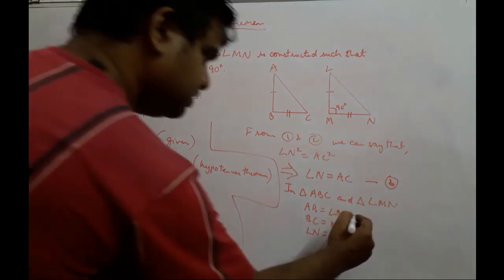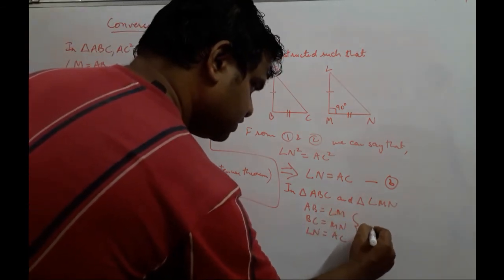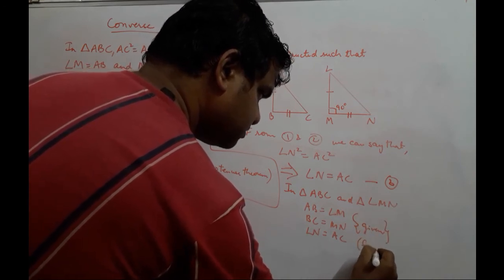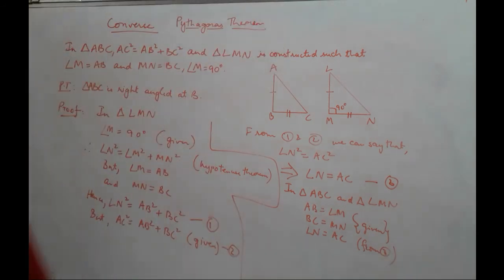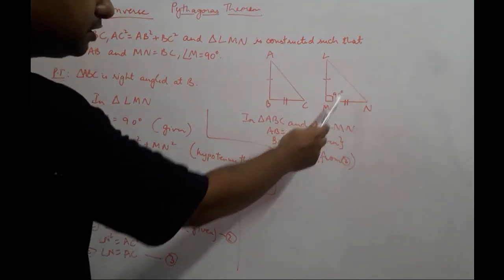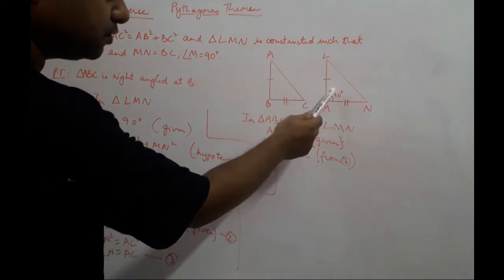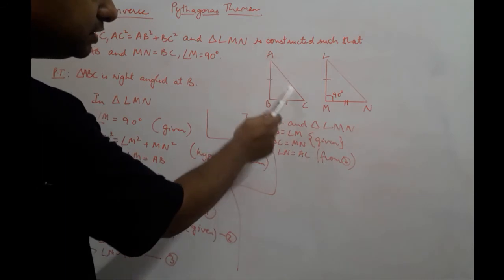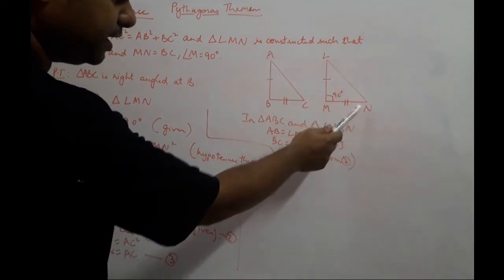These two are given to us, and this is from 3. So in triangle ABC and triangle LMN, we have AB equal to LM, BC equal to MN, and AC equal to LN.